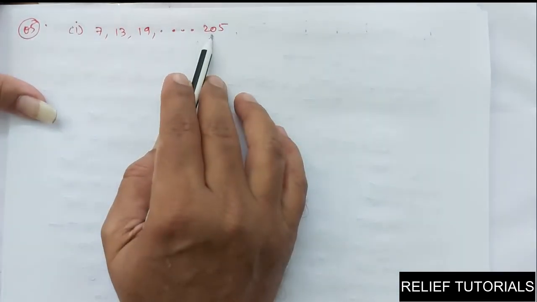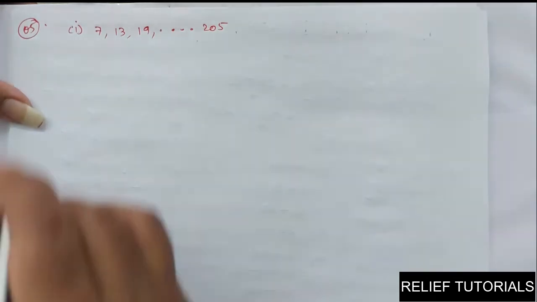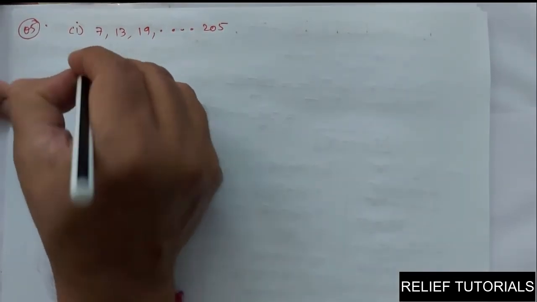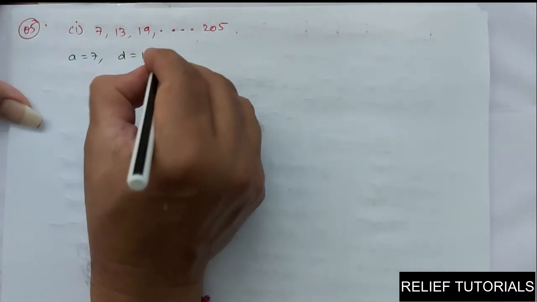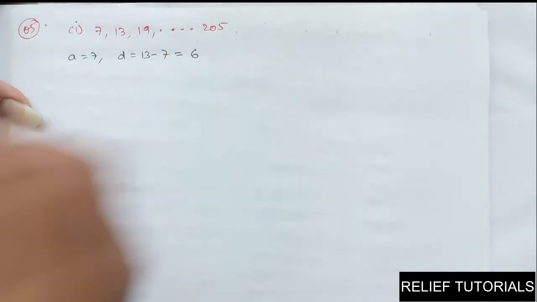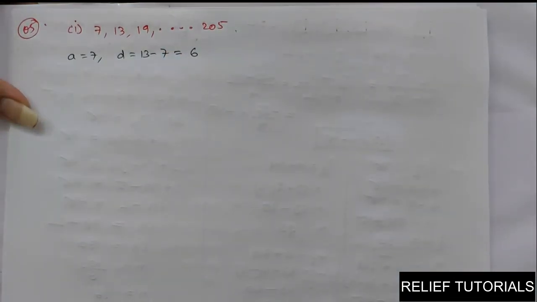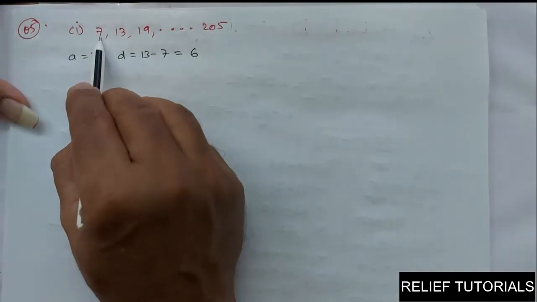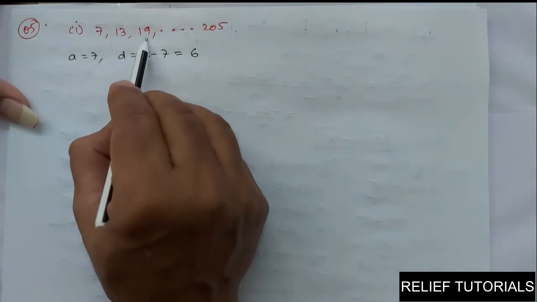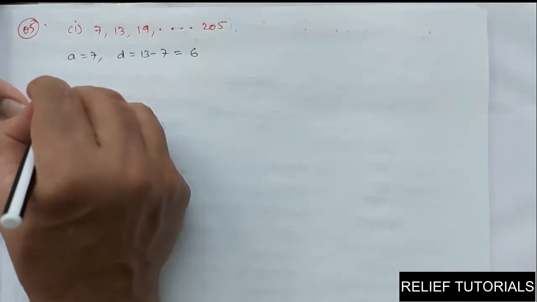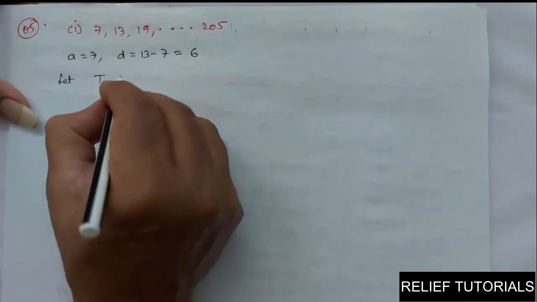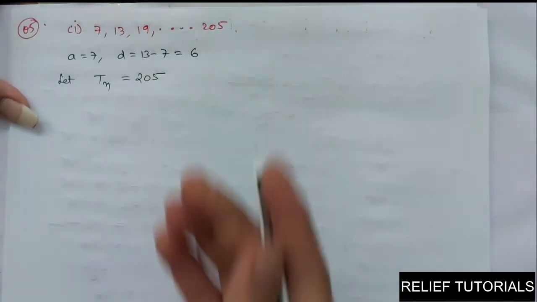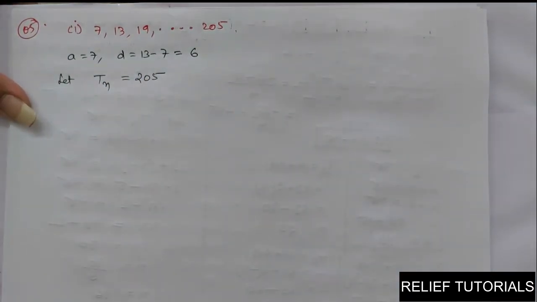We don't know which term it is, so let it be the nth term. So we can say A is equal to 7, D is equal to 13 minus 7, which is equal to 6. Now we don't know how many terms there are, so we suppose this is T1, the first term, this is the second, T2, this is the third term, T3. This we don't know, so let Tn be equal to 205. As usual, we have done this.